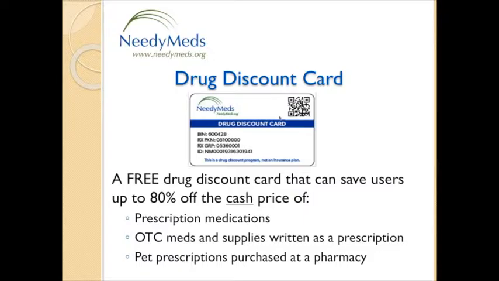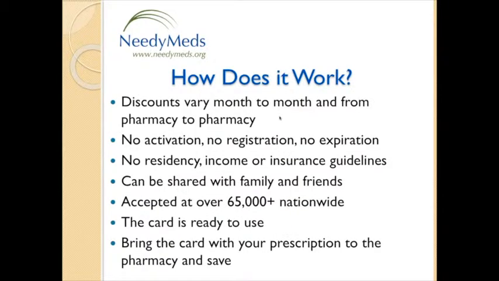Not every product is discounted, and our drug discount only works for brick and mortar pharmacies. It doesn't work online. Proud to let you know that last month it saved consumers nearly $4 million, and our card is used about 85% of the time it is presented to the pharmacist.